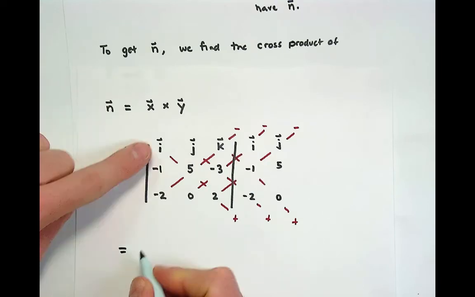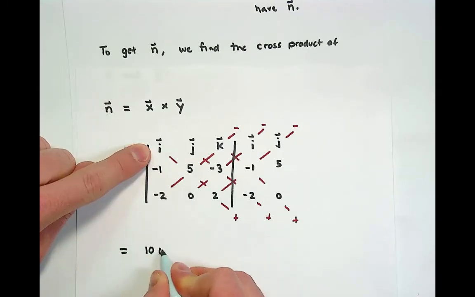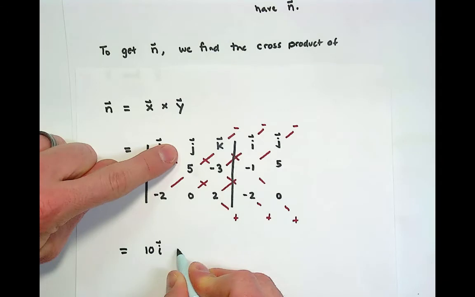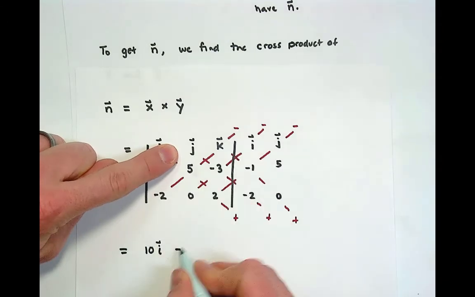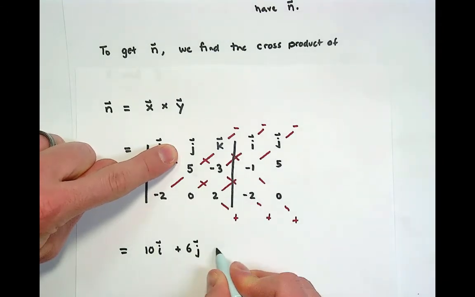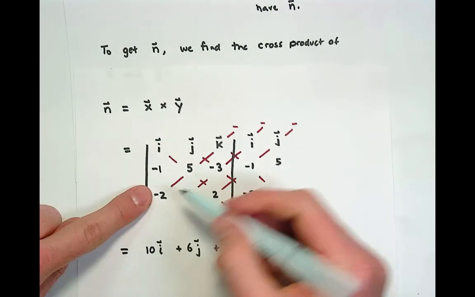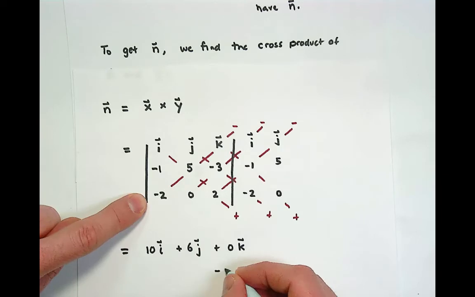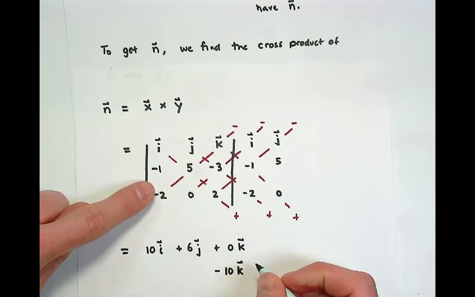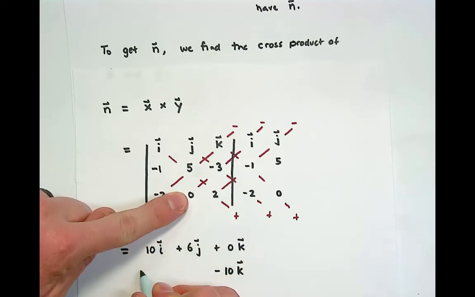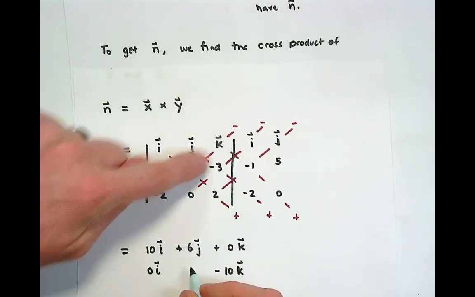Here we go. Here we would have 10i minus, well, it becomes a plus actually, 6j plus 0k. And then let's go downwards. This would be minus 10k. Next one would be minus 0i. It doesn't matter plus or minus.